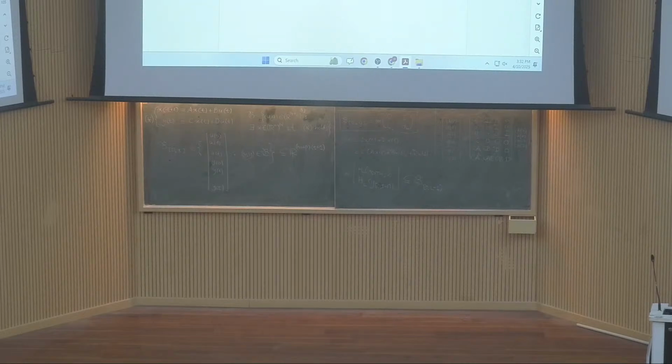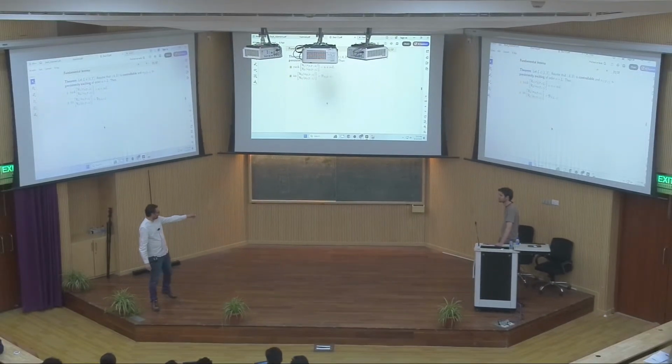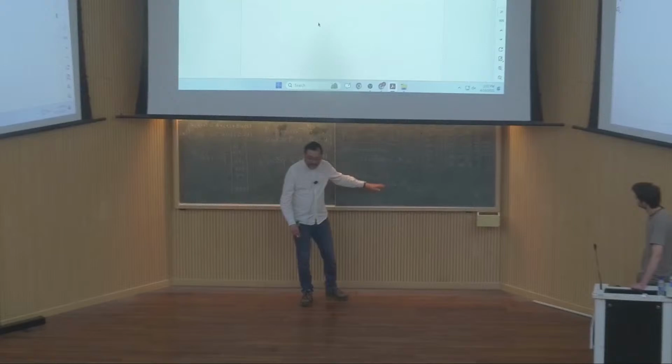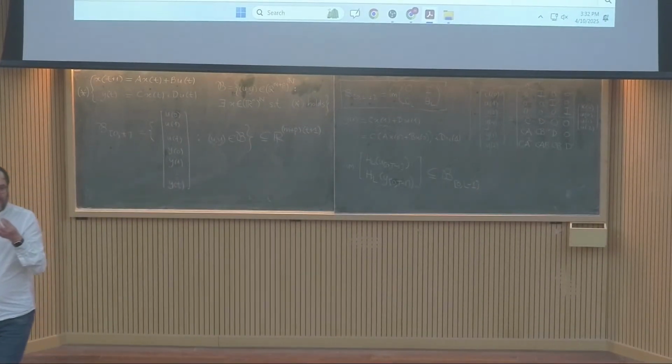Two methods. I'm going to look at the dimension. Since I know the subspace on the left is included in the subspace on the right, to prove equality it's enough to show that they have the same dimension. If they have the same dimension, they must be the same subspace.